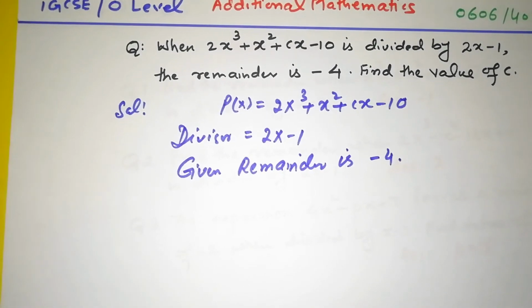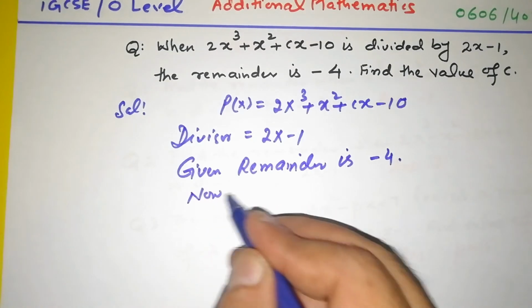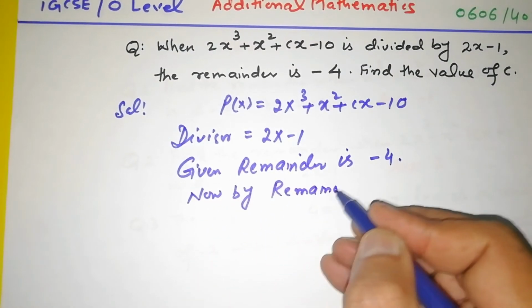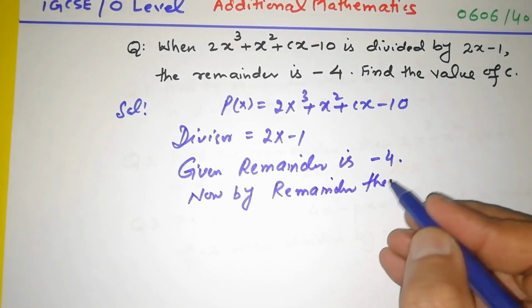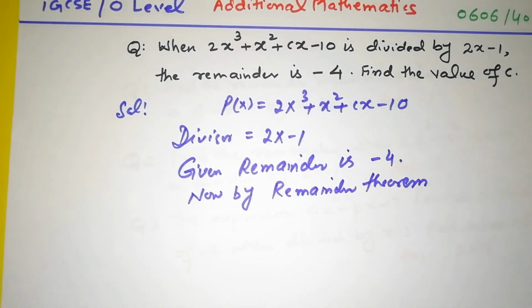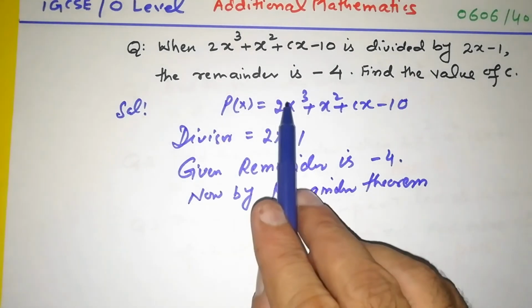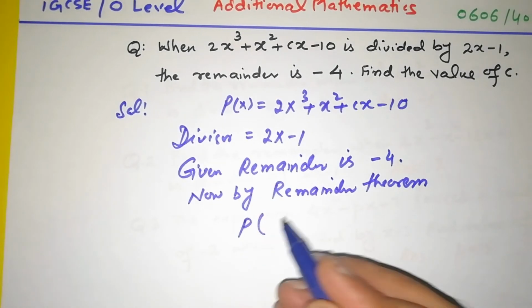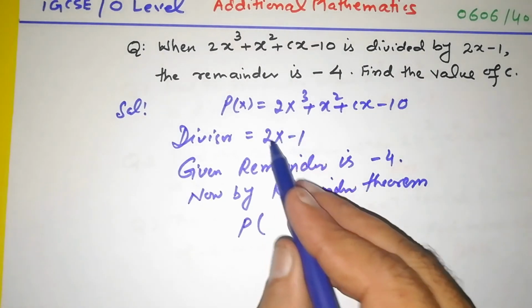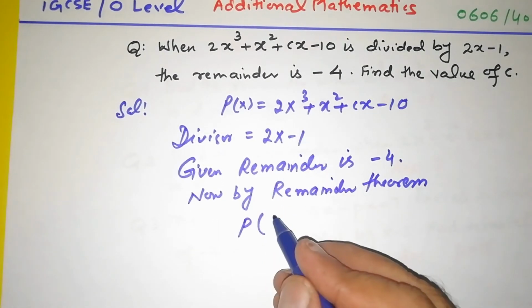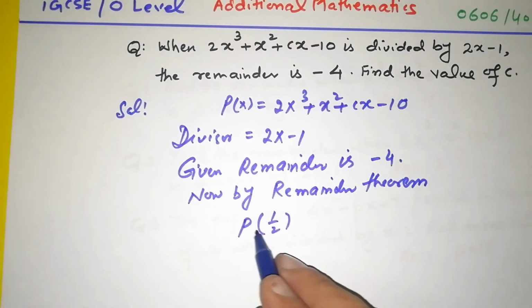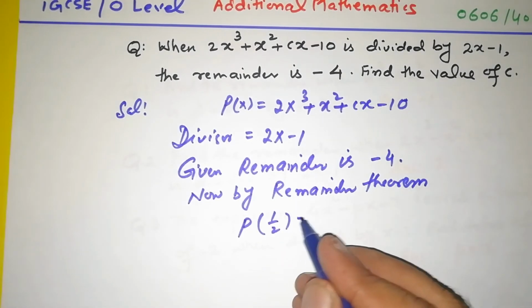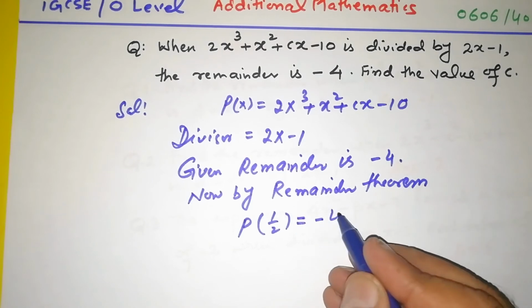Now by remainder theorem, what is the remainder when this polynomial is divided by this divisor? That is the value of the polynomial. From here you see the value of x is 1 by 2. This is the remainder by remainder theorem, and this remainder we are given, that is minus 4.